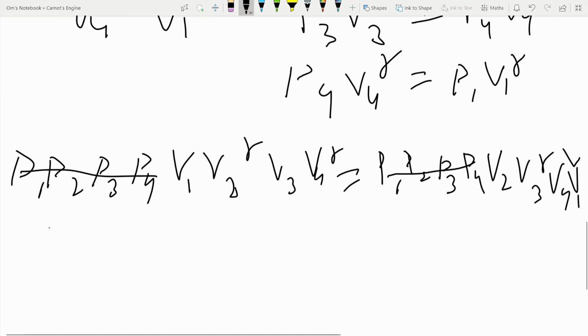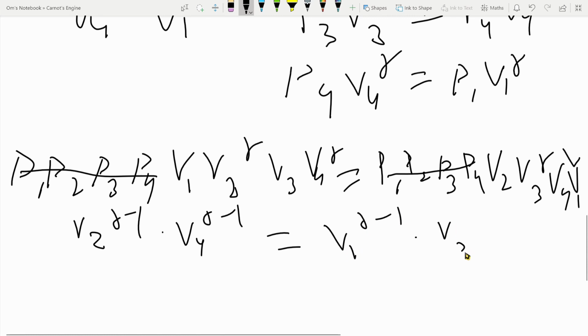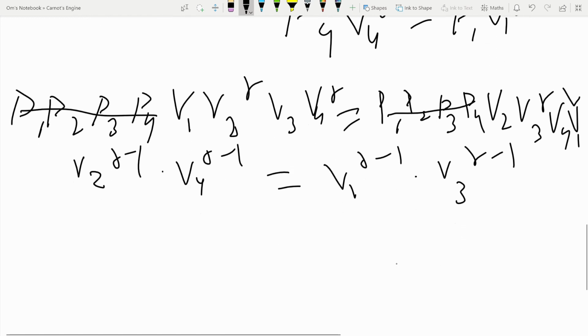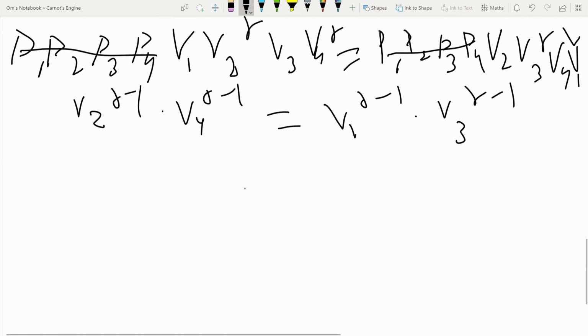Okay, and then after evaluating all of that, what you're going to end up with is V2 raised to gamma minus 1 into V4 raised to gamma minus 1 is equal to V1 raised to gamma minus 1 into V3 raised to gamma minus 1. Then you'll take the gamma minus 1th root.